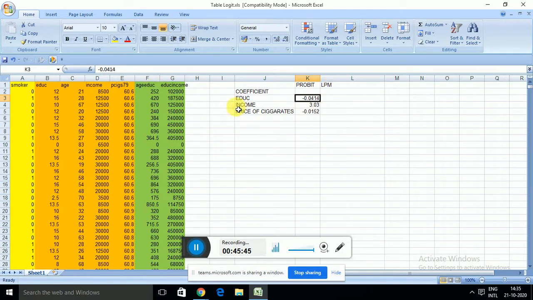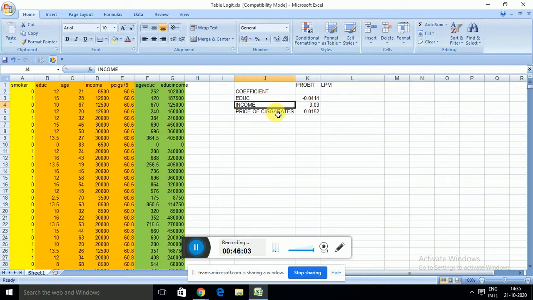Let me write it down. So here, this is the odd ratio for you quitting a cigarette vis-a-vis you not quitting a cigarette for a given level of education. Likewise, this is the odd ratio for you quitting a cigarette vis-a-vis not quitting for a given level of income.